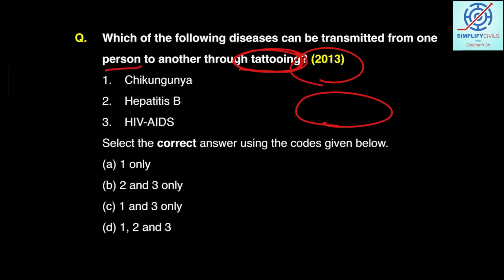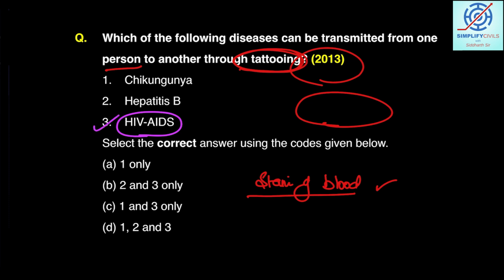A machine is used, and while doing a tattoo there can be a stain of blood, right? If there is an exchange of body fluids and the disease can spread, definitely one disease that comes to our mind is HIV.